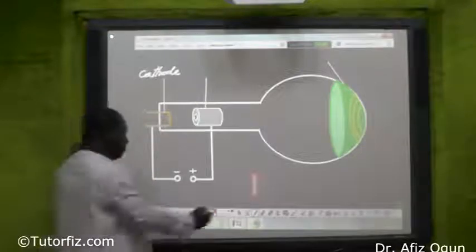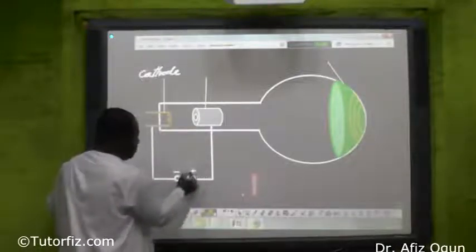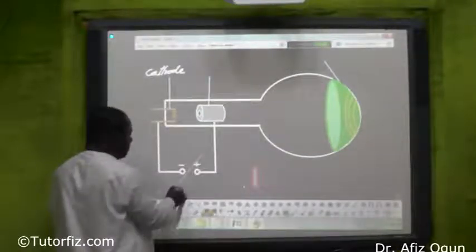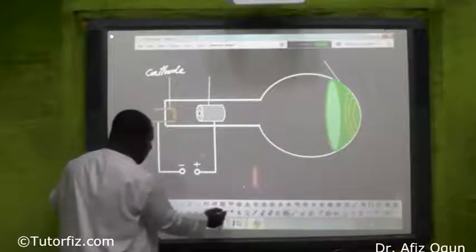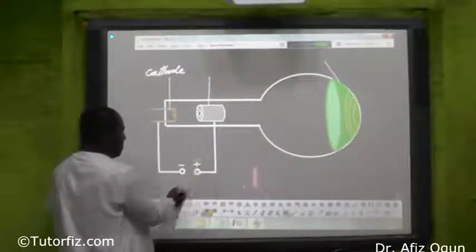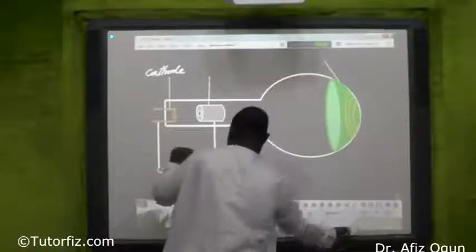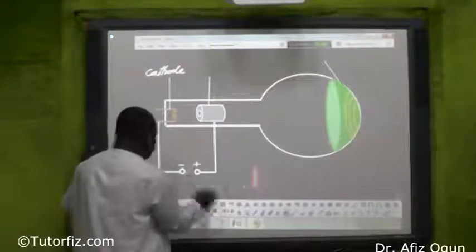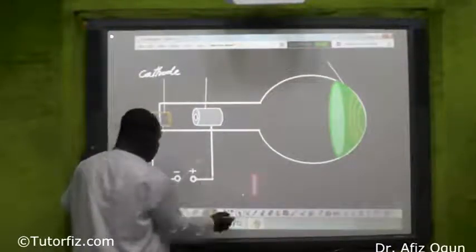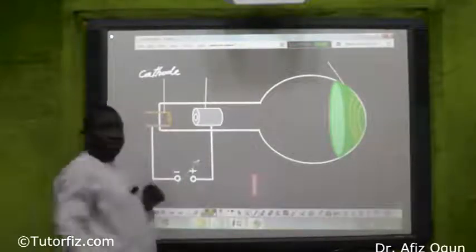And of course, here the speed of the electron can be adjusted by varying the what? By varying the voltage. The speed of the electron can be adjusted by varying the voltage there.